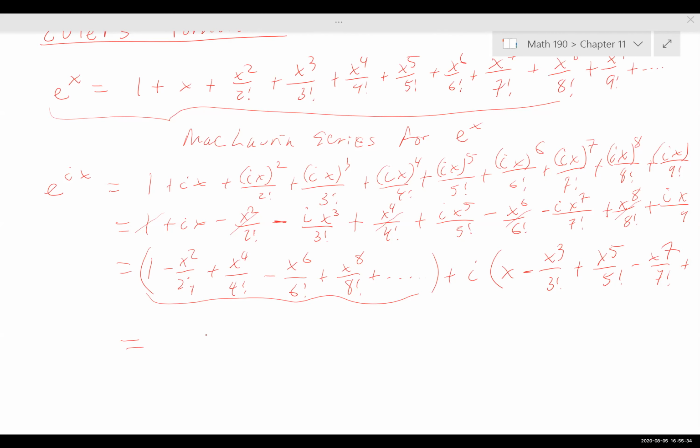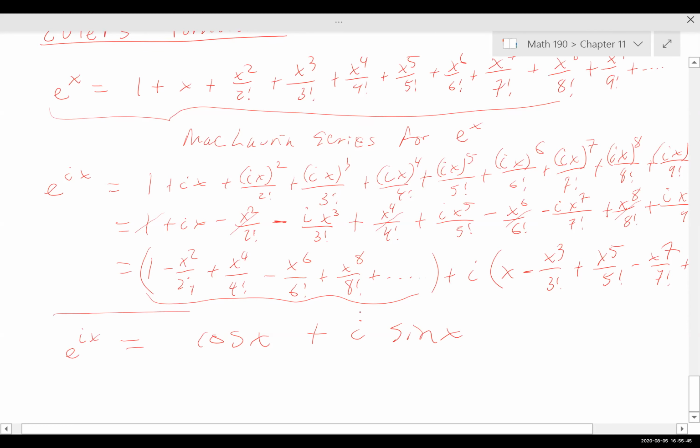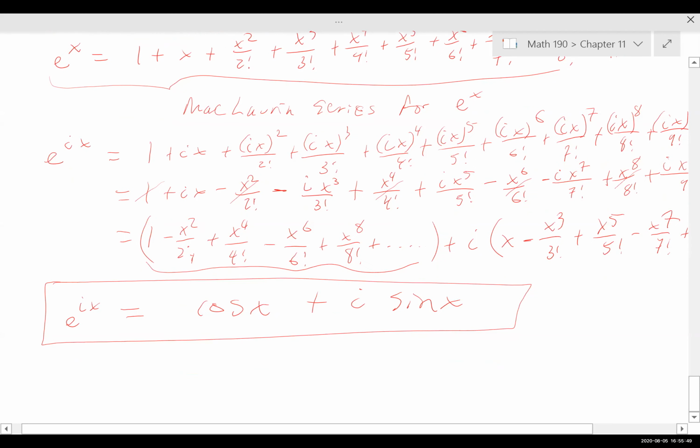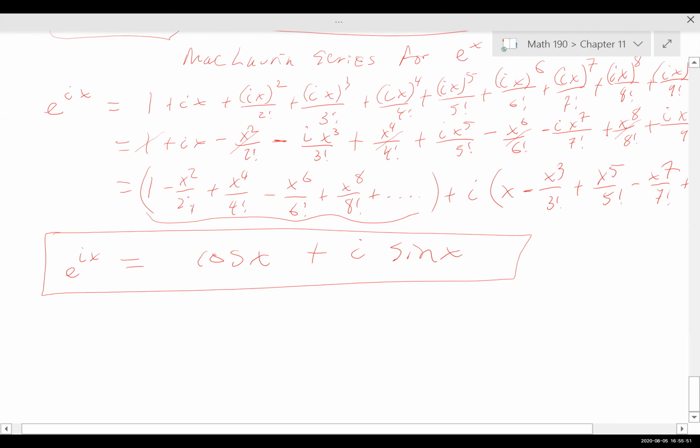So this is cosine of x plus i sine of x, and this is called Euler's formula: e to the i x is equal to cosine of x plus i sine of x. That's where we get that formula in trig.